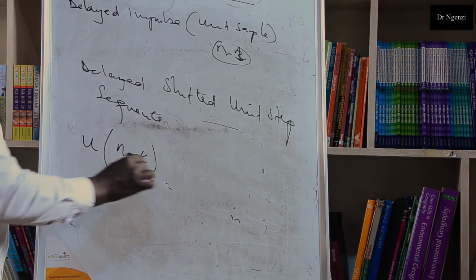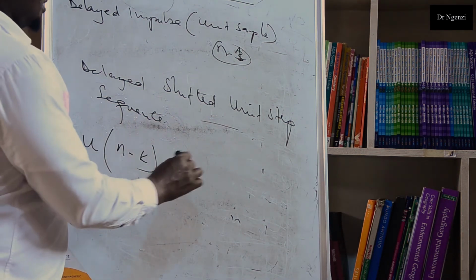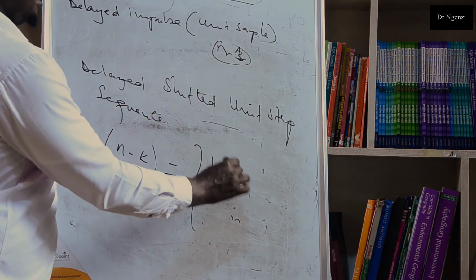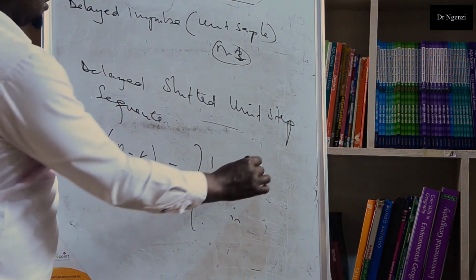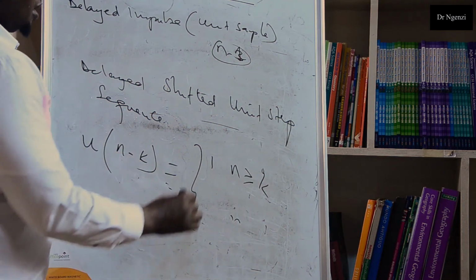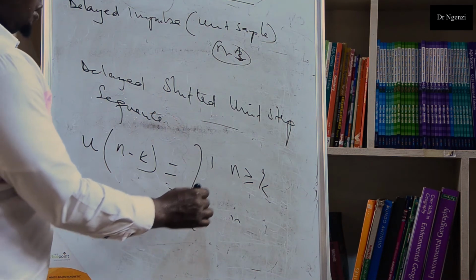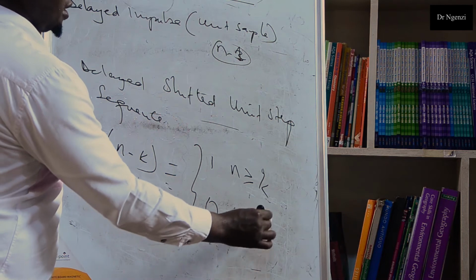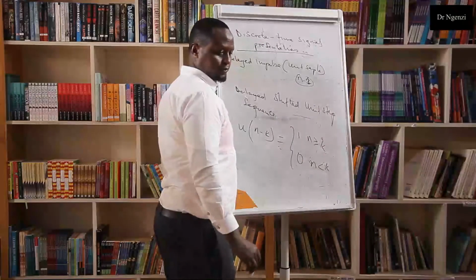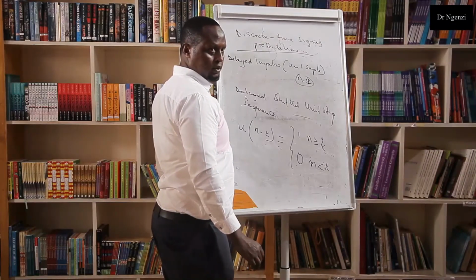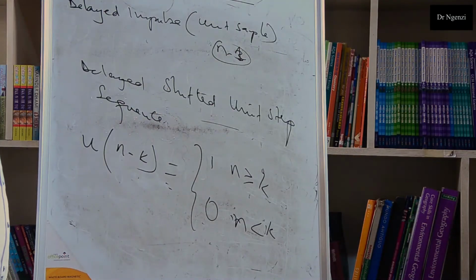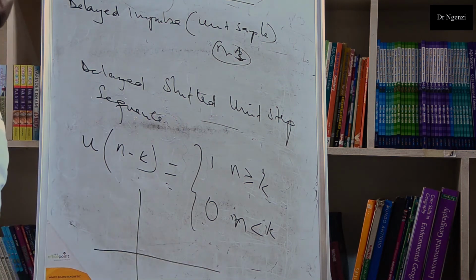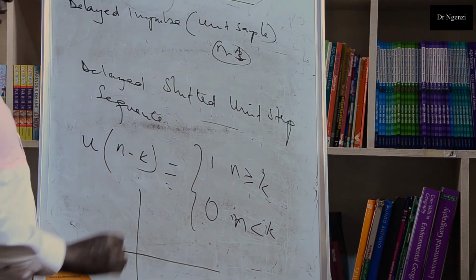For any shifted value k, it will be 1 when n is equal to k, and 0 when n is less than k, the shifted value.